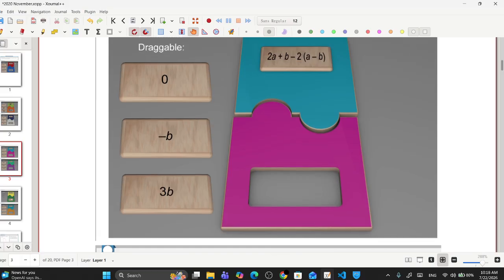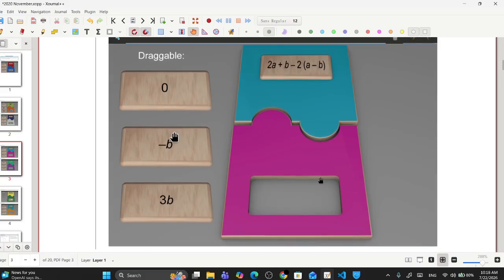2a plus b minus 2 into a minus b. 2 needs to be multiplied with a. First, let's expand the bracket. We get 2a plus b minus 2a, minus 2 multiplied by minus b becomes positive 2b.